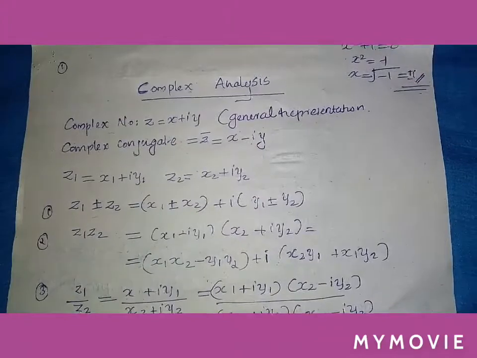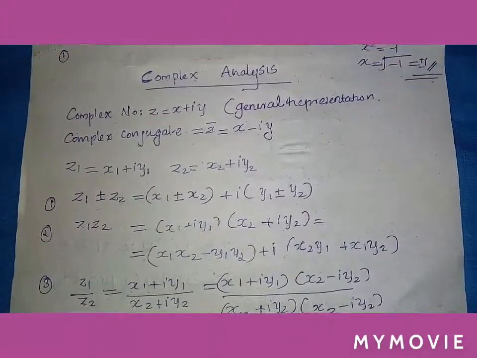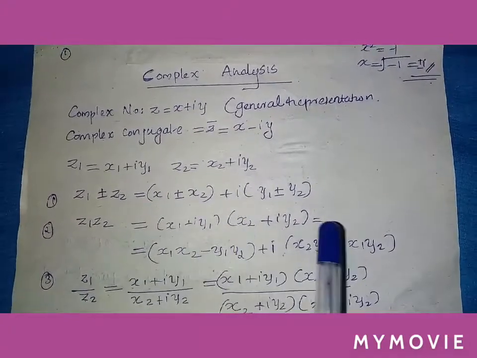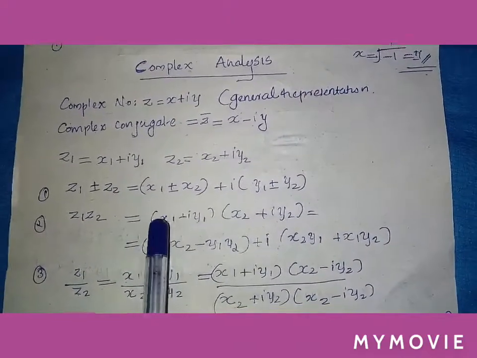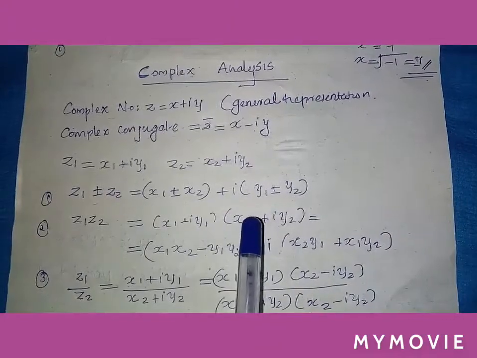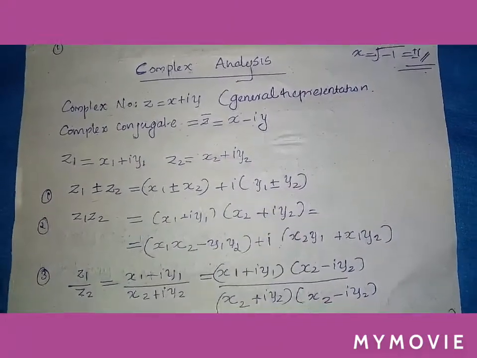And what is the rule behind complex number multiplication? That is x1 plus iy1 into x2 plus iy2, that is x1 into x2 plus x1 into iy2 plus iy1 into x2 plus iy1 into iy2.